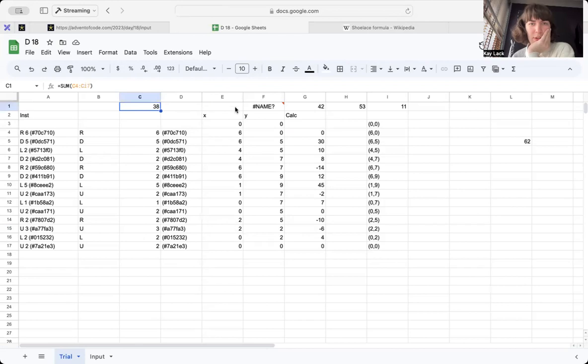The total of this is 38. So this is all the cells that get dug, minus 1 for the first cell. Just muddling around now, aren't they?